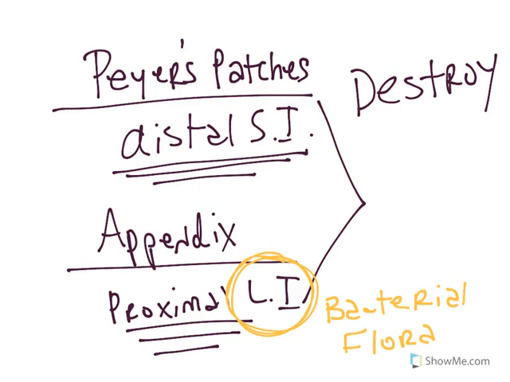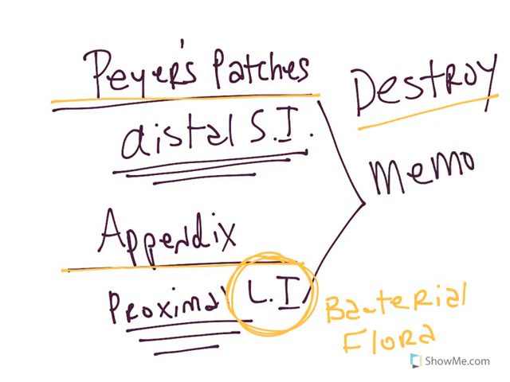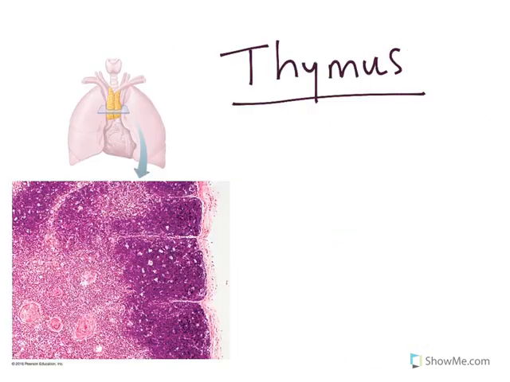So we have these protective MALT structures, the appendix and the Peyer's patches, to make sure that any of the bacteria that get out of their designed homes are destroyed. Also, it generates memory lymphocytes. Generating the memory lymphocytes will be important, because if we're ever re-exposed to something, we have memory lymphocytes that will aid in the immune response for the next time.